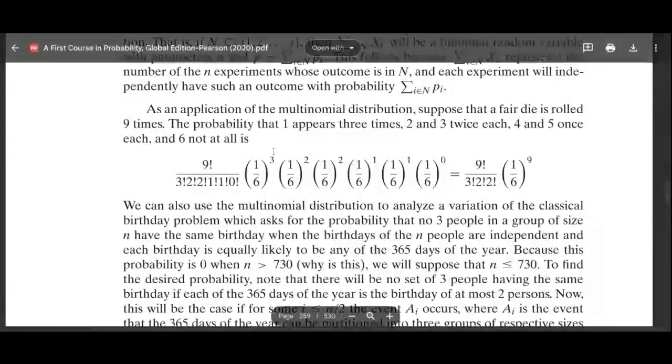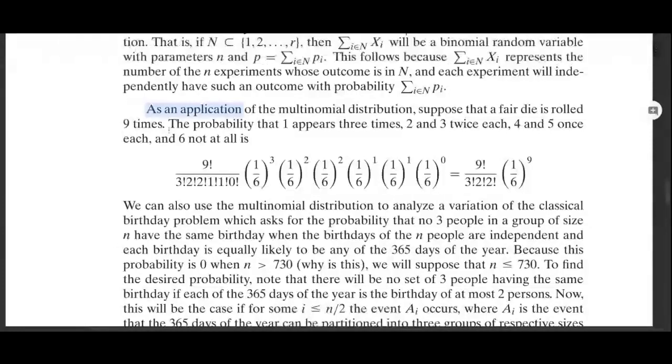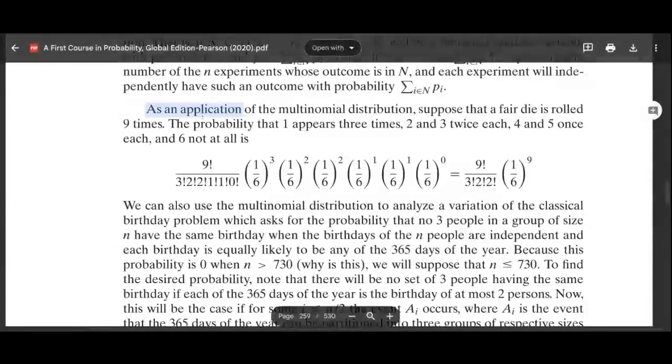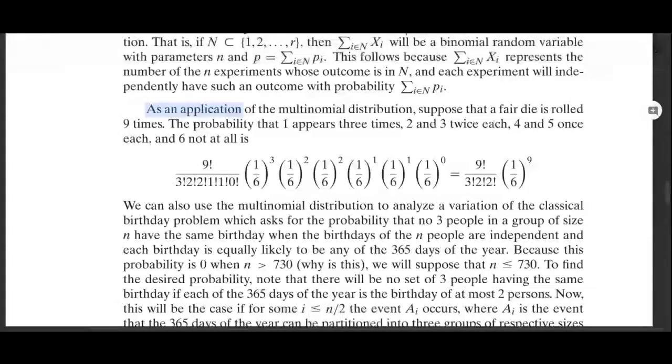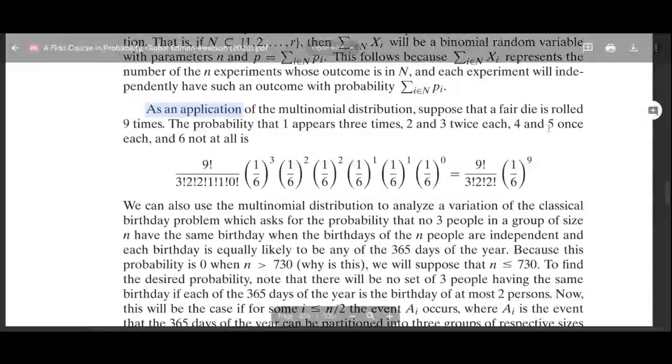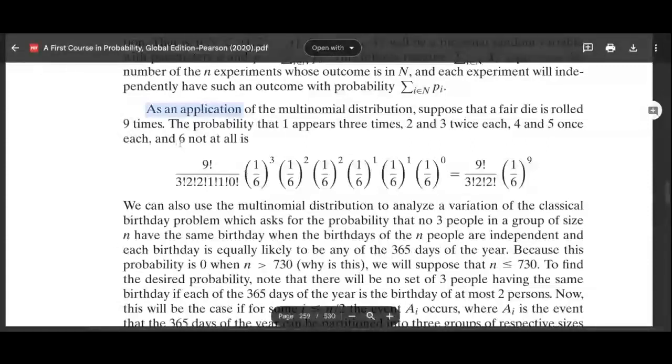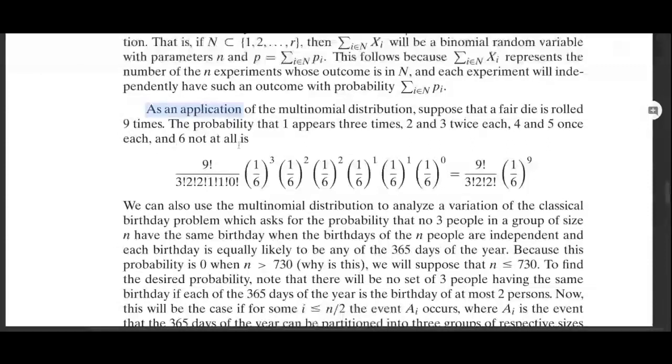Let's see this. As an application of the multinomial distribution, suppose that a fair die is rolled 9 times. The probability that 1 appears 3 times, 2 and 3 twice each, 4 and 5 once each, and 6 not at all is this.